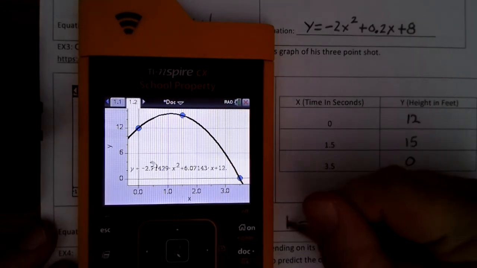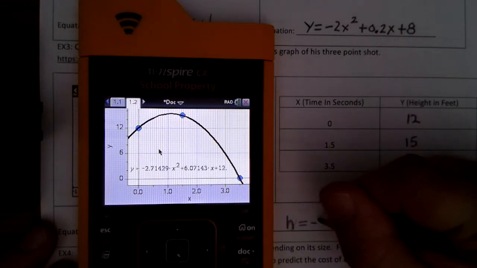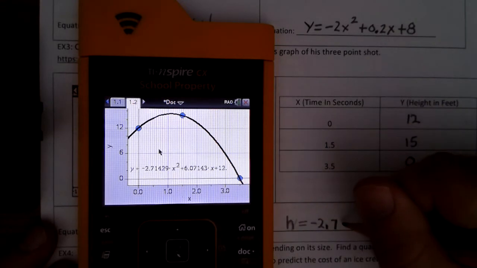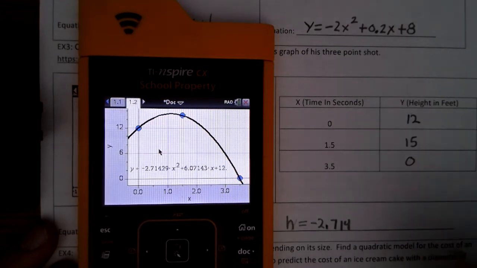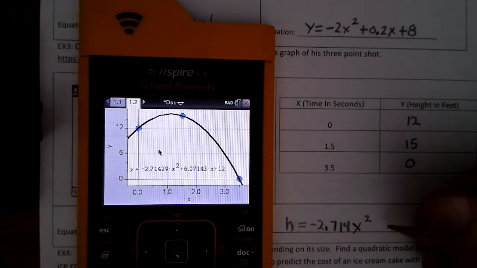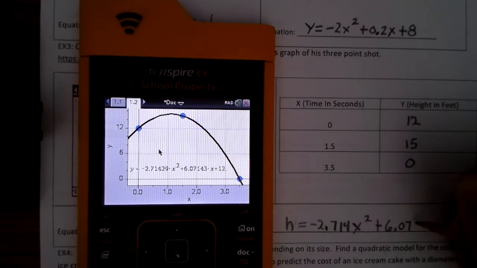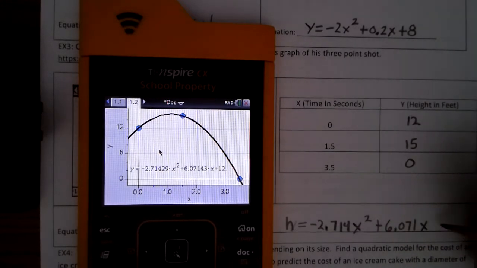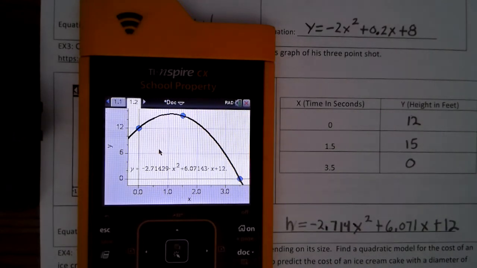So the height of the ball is equal to negative 2.714, and we'll use x for time, x squared plus 6.071x plus 12.